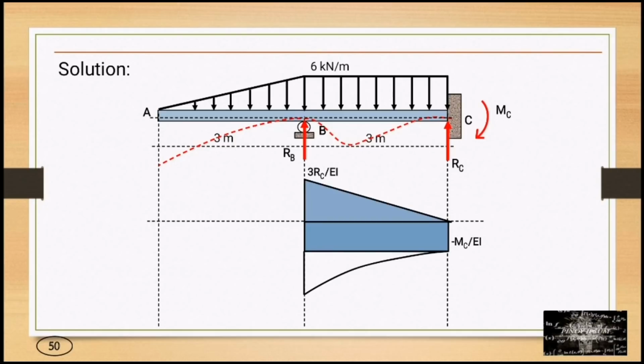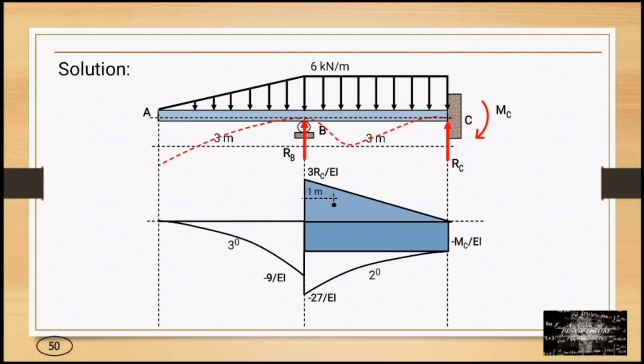For 6 kN per meter uniform load, at segment BC, we have negative 27 over EI, a second degree curve. For 6 kN per meter triangular load, at segment AB, we have negative 9 over EI, a third degree curve.